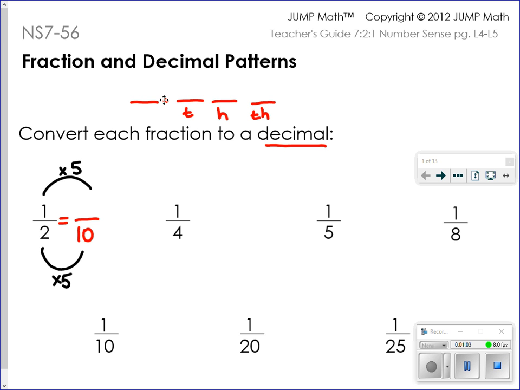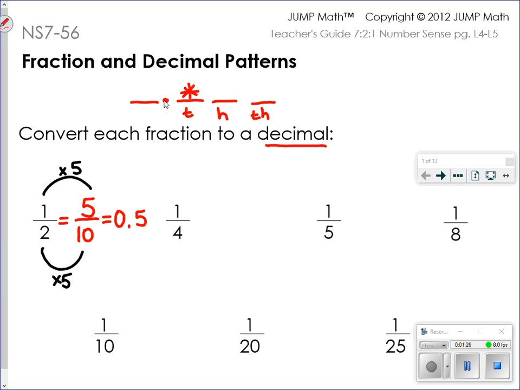So 1 times 5 is 5. So 5/10 is equivalent to 1/2. Once I have it in tenths, then I can write that as a decimal, because tenths is one of my decimal place values. So 5/10 is the decimal 0.5, 5 in the tenths position.